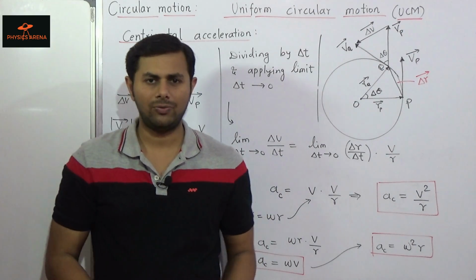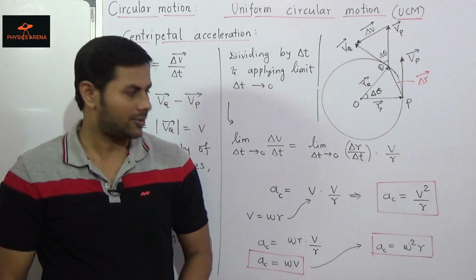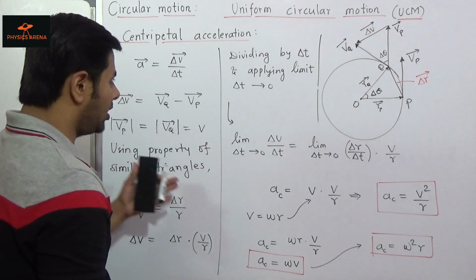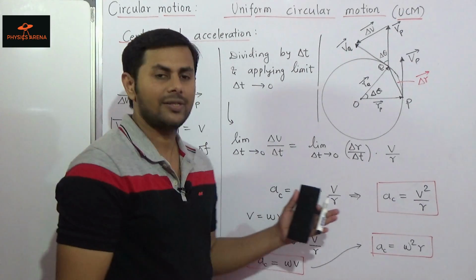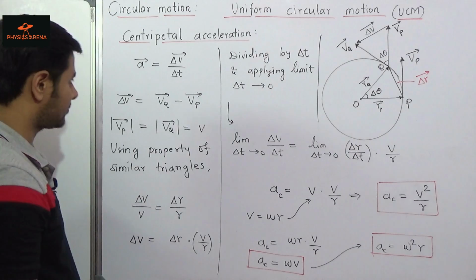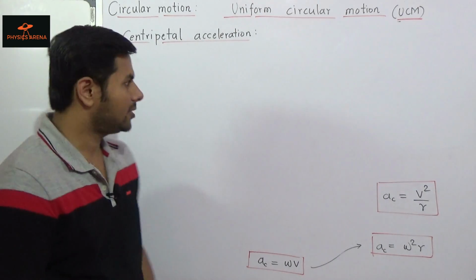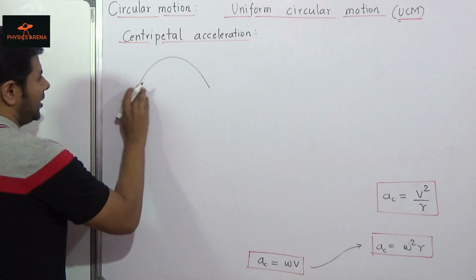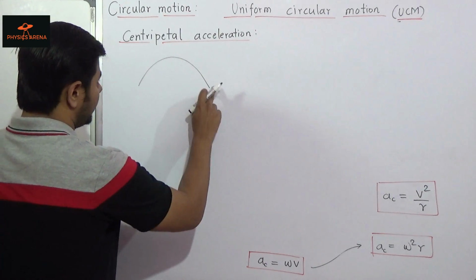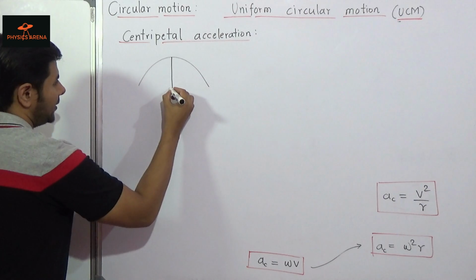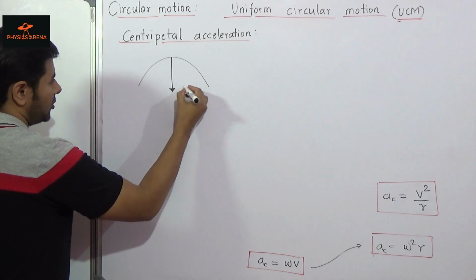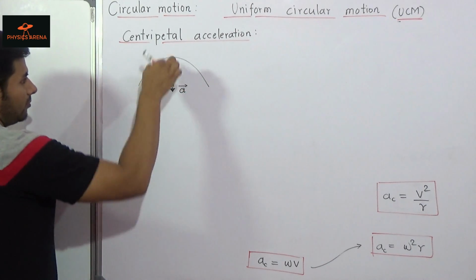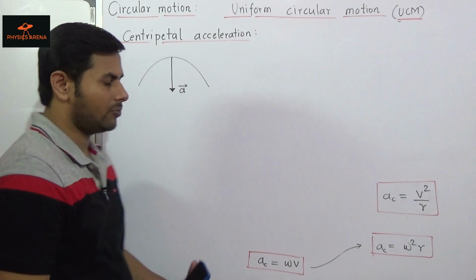Now let's try to find out the direction. Let's prove that the direction is really along the radius and towards the center. Now let's think this way. In projectile motion, we had the path of the projectile like this, and the acceleration, which was acceleration due to gravity, was directed vertically downwards.